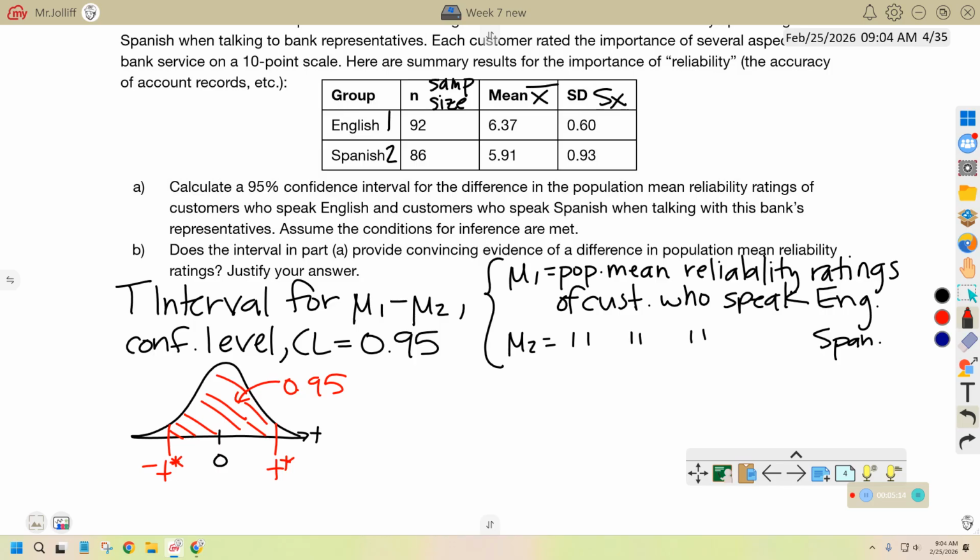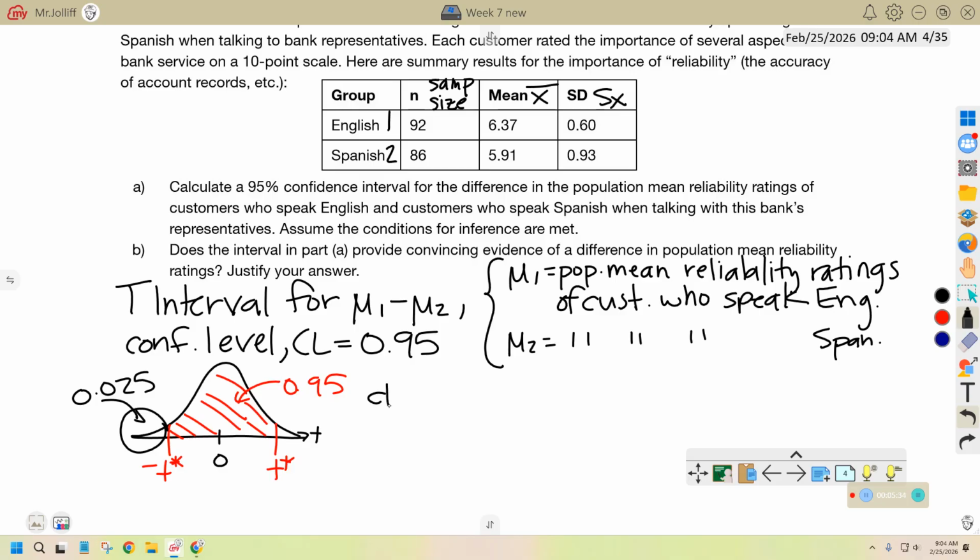What does inverse T want? Left tail, very good. So how much is in my left tail? 0.025, very good. 2.5%, because 5% is left for the tails, cut it in half. Perfect. And then I need degrees of freedom.